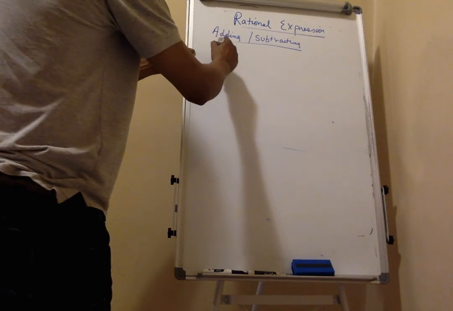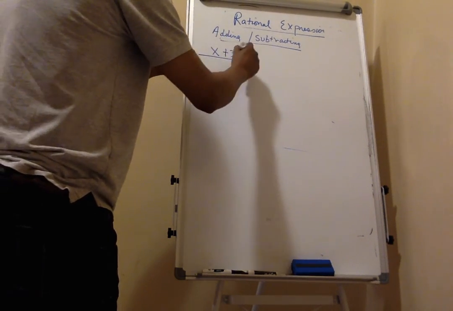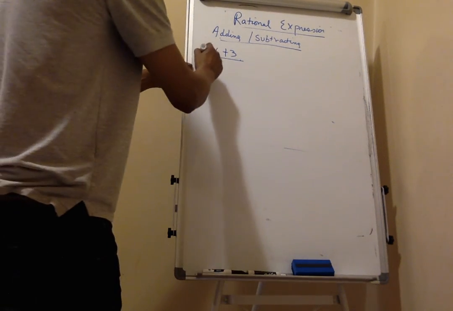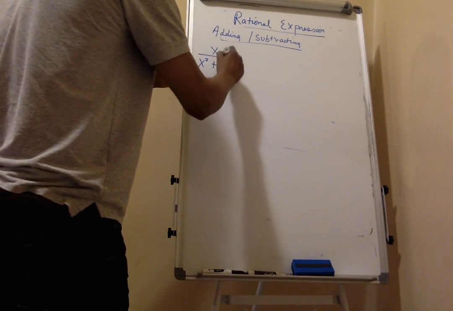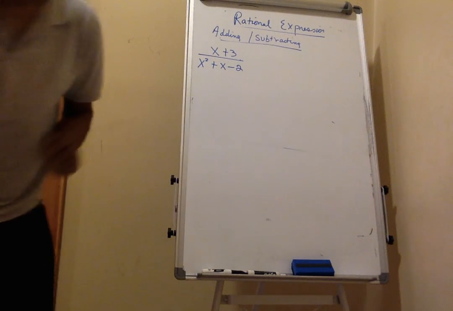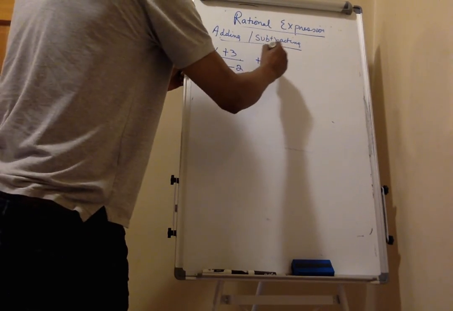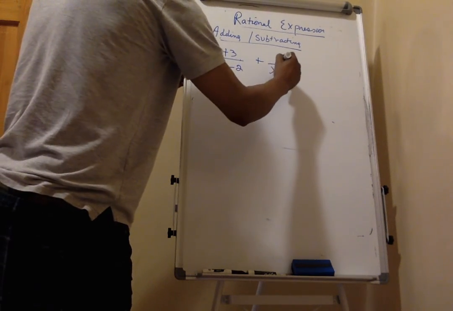Suppose we have x plus 3 over x squared plus x minus 2, plus 2 over x squared minus 1.